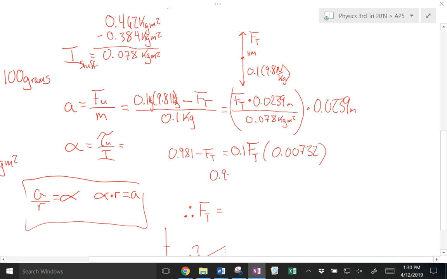This t squared divided by 2 equals this. 0.0072 times t. So 0.007 t squared, triangle, equals 0.8. Yeah?